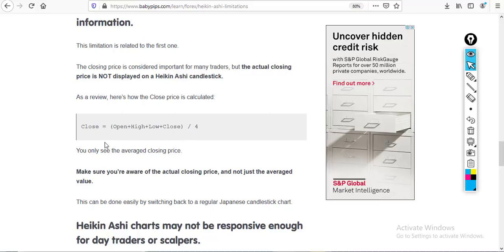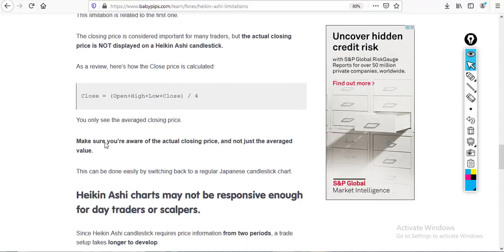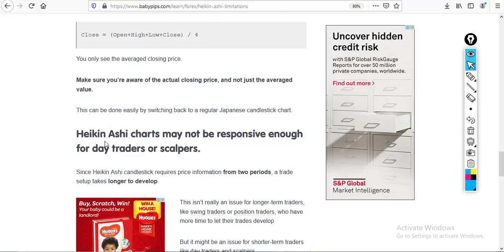That's how you get the closing price. So that's the average, not the actual closing price of the trading for that day. You have to be aware that these limitations are there. You don't have the actual closing price. What you have is just the average of everything.